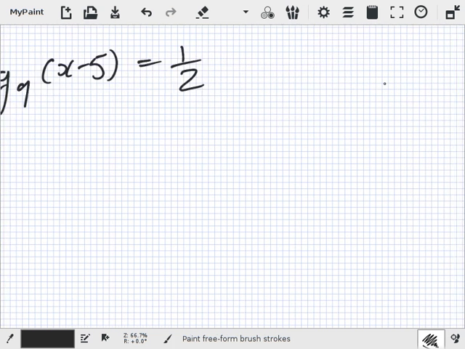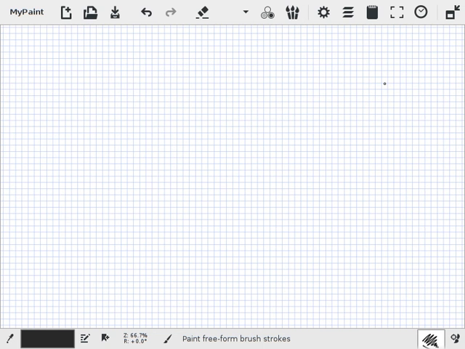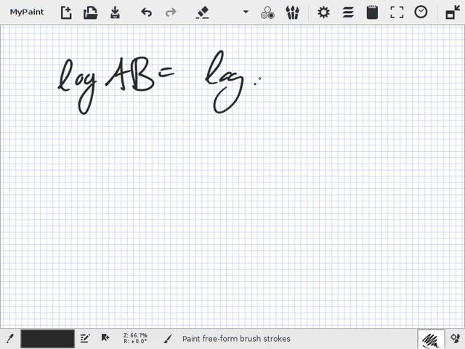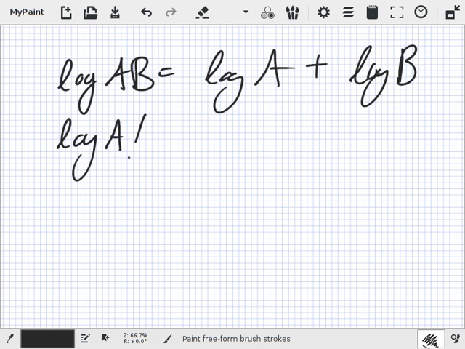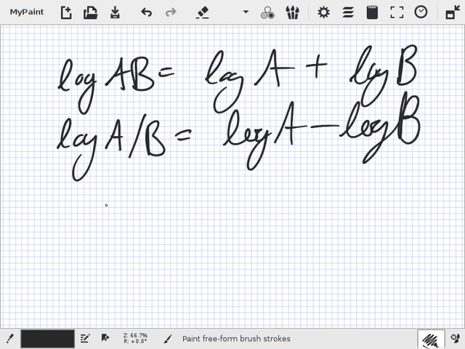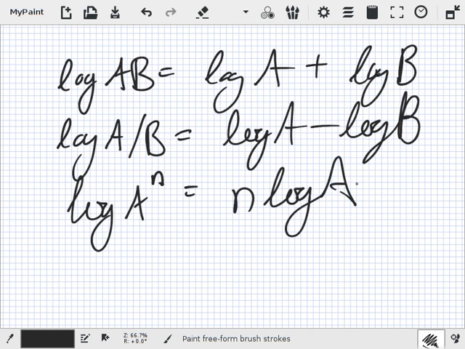You have 3 important rules. The first important rule is log AB equals log A plus log B. Next important rule, log A over B equals log A minus log B. And then log A to the n equals n log A. I remember there's actually 6, but these are the most important 3.